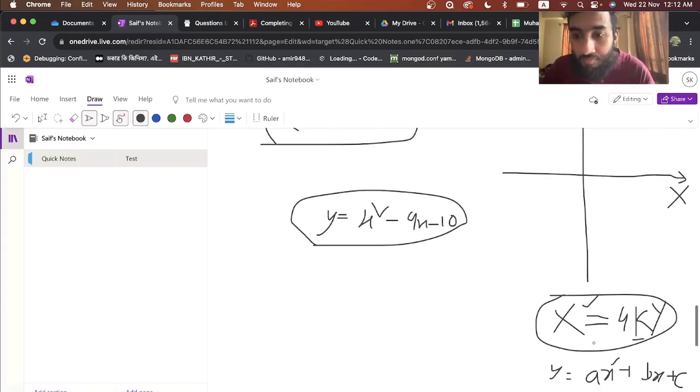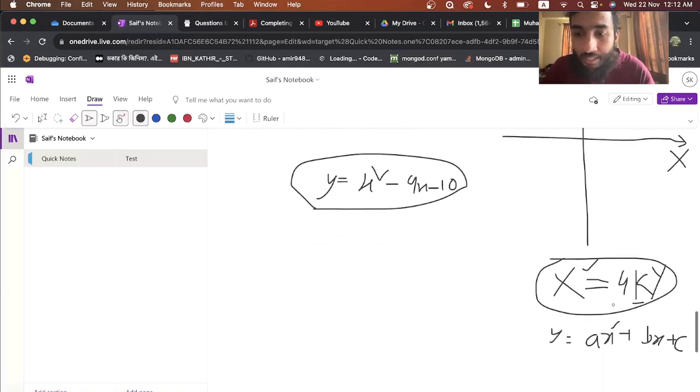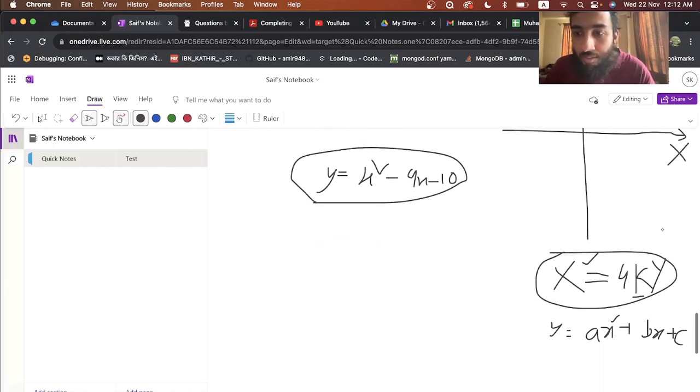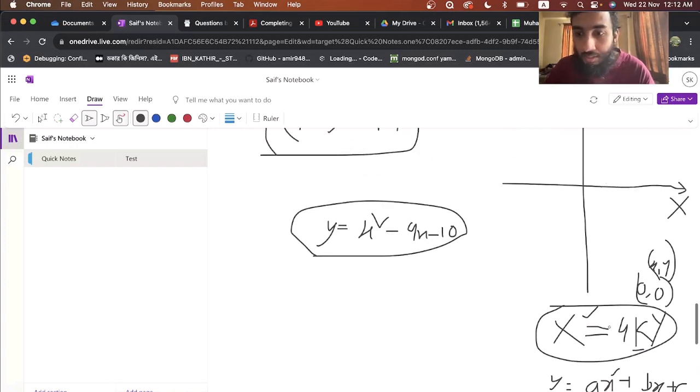So if x and y has a coordinate of, let's say, xy is 0 0, it will look something like this.